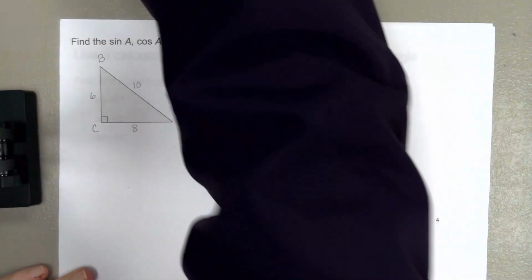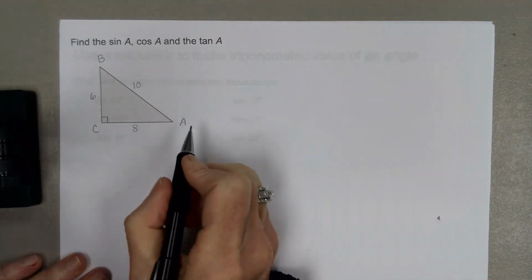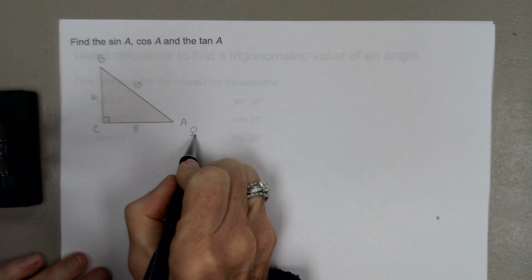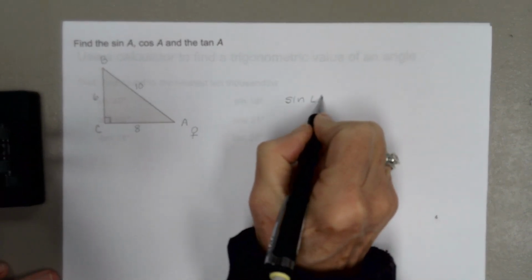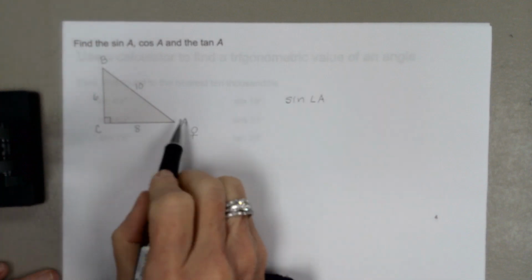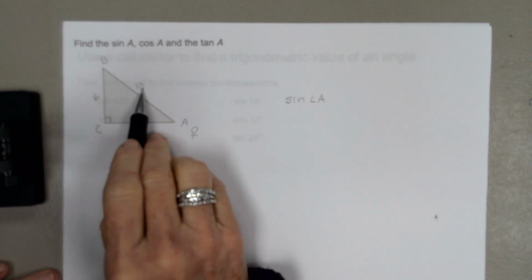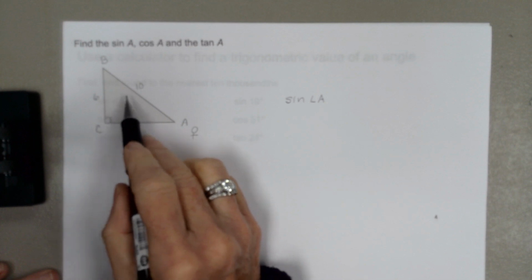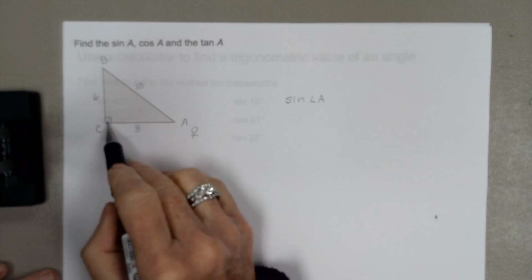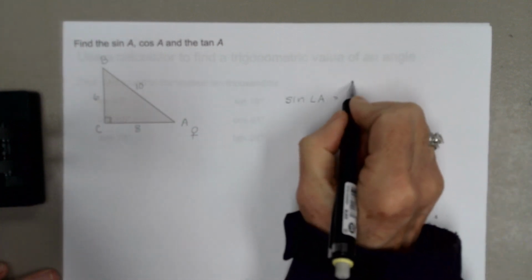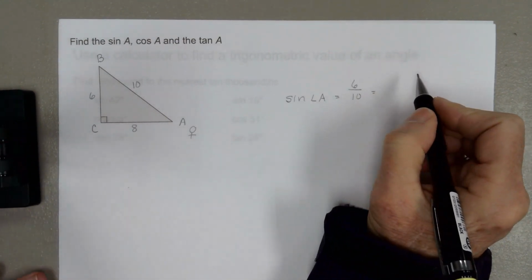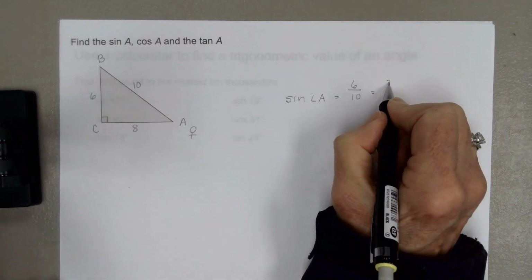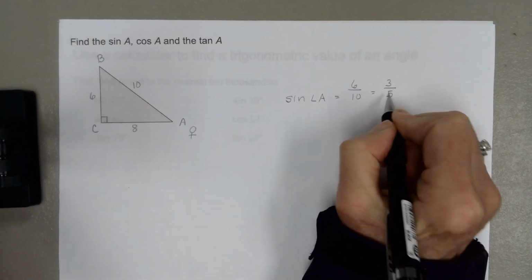Let's do another one. This one, you're standing here at A, and it asks you for the sine of angle A. So remember, sine is opposite over hypotenuse. The hypotenuse is the side opposite the right angle. So this one is 6 over 10, but you have to reduce it down by dividing the top and the bottom by 2. So you have 3 over 5.